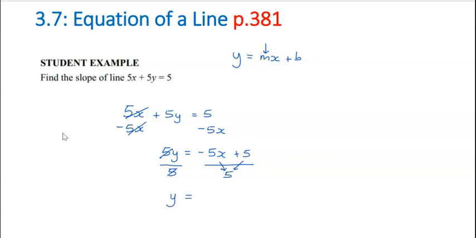So y is equal to -5x divided by 5, which will be -1x or -x, and 5 divided by 5 is a +1. So from this, we can now determine that the slope is a -1, and we can even determine that our y-intercept, it will cross the y-axis, at a +1.